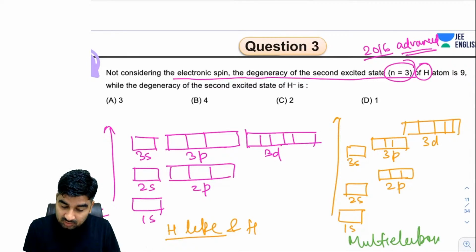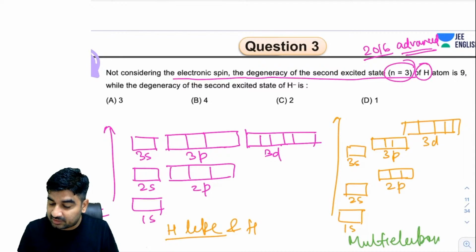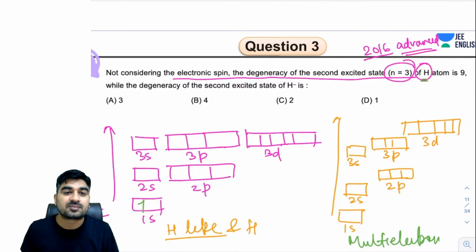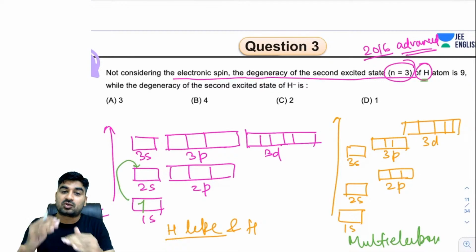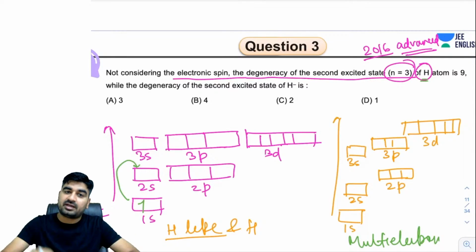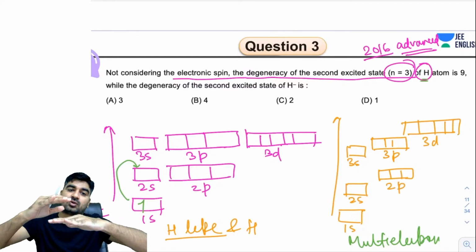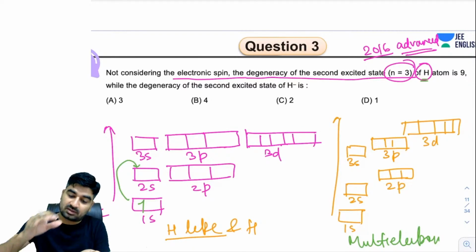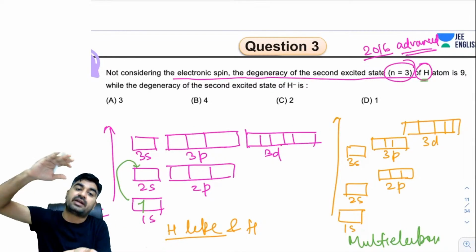So now, not considering the electronic spin, degeneracy of second excited state of hydrogen. Ground state is this. Now, second excited means it will be excited to here. So it is like a building. Building has a ground floor, then it has first floor, then second floor.